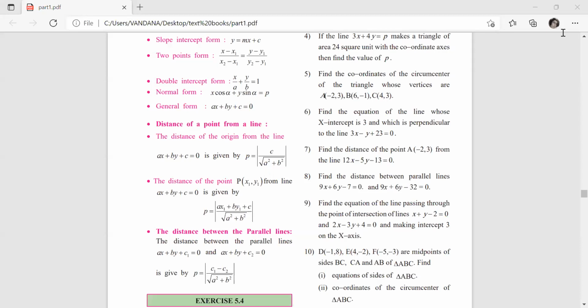Question 7. Find the distance of point A (-2, 3) from the line 12x minus 5y minus 13 is equal to 0.